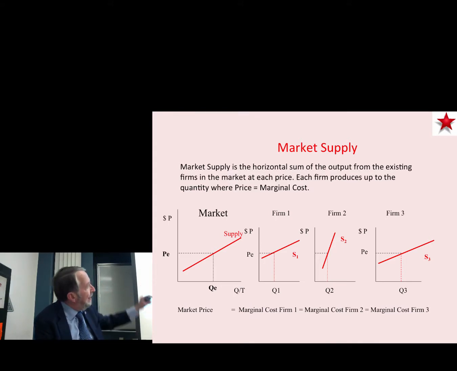So firm 1 would choose the rate of production up to the point where marginal cost equals price for her. Firm 2 has a different cost function, but again, they compare marginal cost with market price and choose that rate of production. Firm 3 looks like they're more efficient. They produce a larger quantity, but they produce the quantity where marginal cost just matches market price.